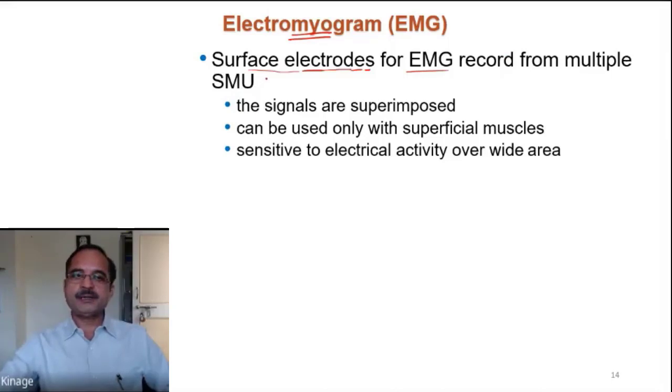SMU means single motor unit. So when you say motor unit, it is actually a fiber of our muscle. When you insert a micro electrode, it can measure potential electrical activity from a single motor unit.